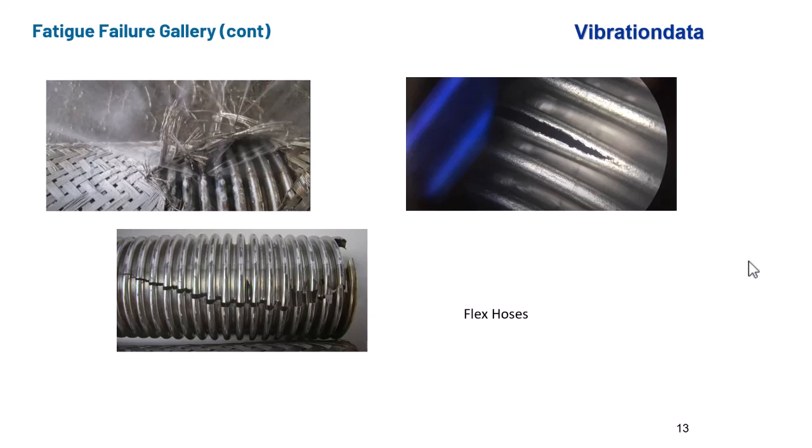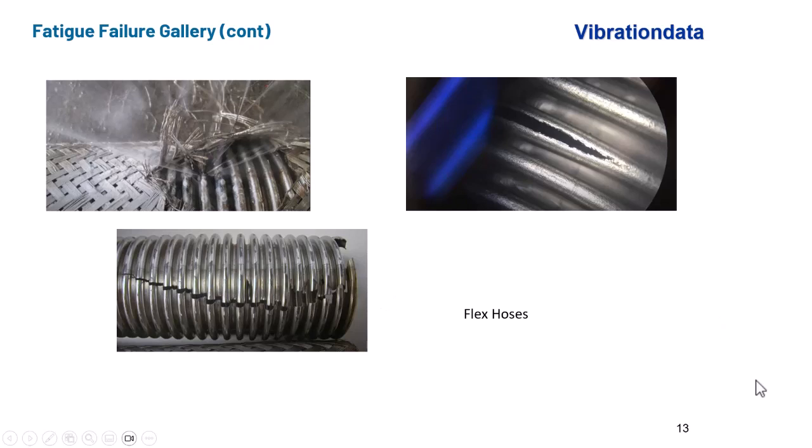Flex hoses: if you're working in the launch vehicle industry and you've got liquid engines, then you're going to have flex hoses that can carry high temperature, high pressure fluids or gases, and the hose may spring a leak, as shown in the top left there, under cyclical loading and fatigue. On the top right, you see a circumferential crack that happened, and the bottom left, it's mostly a longitudinal crack.